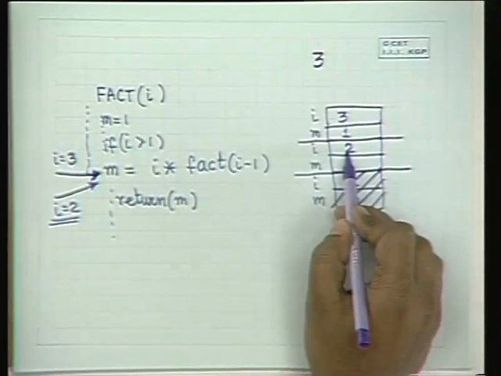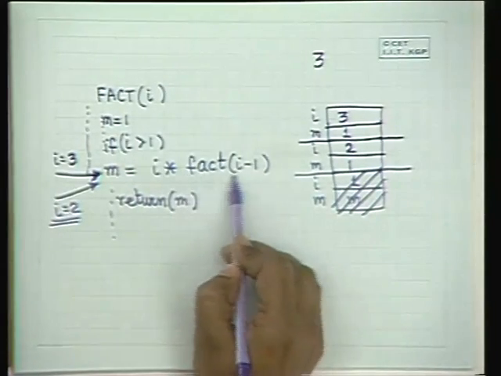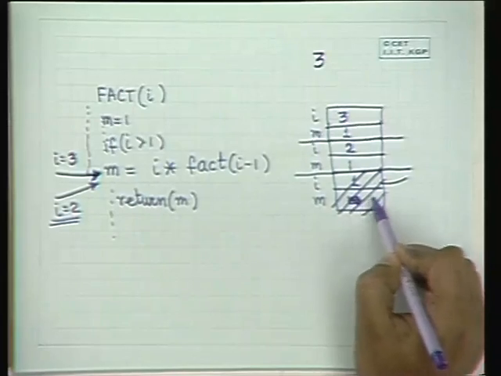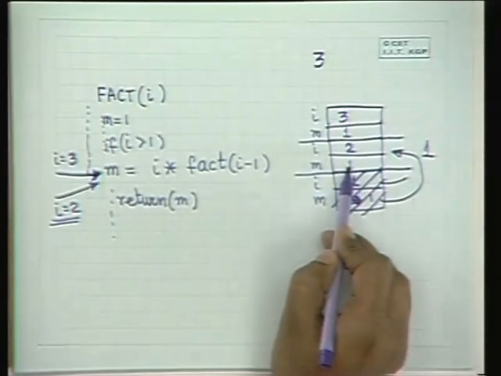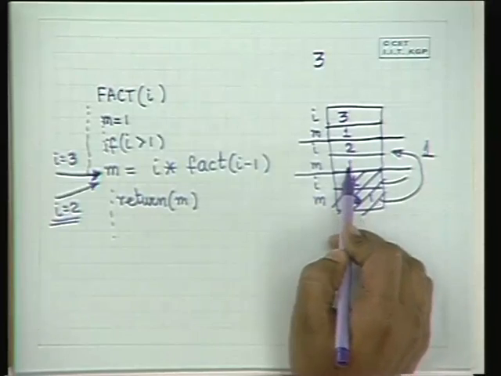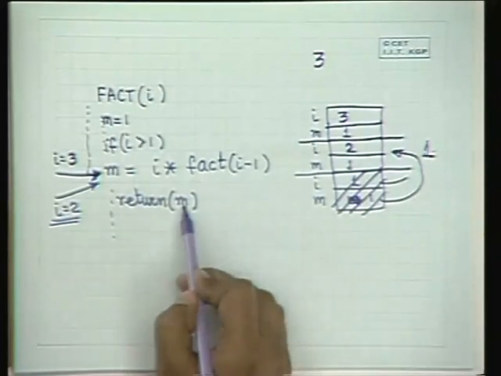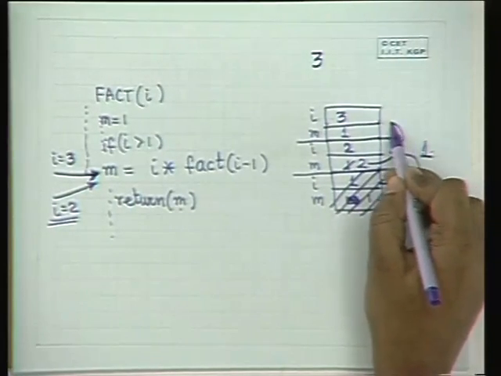Control goes back here, and immediately this value is returned from m, sorry, m was 1, so this value is returned as 1. So now m into 1, 2 into 1 is computed here and it returns m. So m now becomes 2 and this value is returned back.